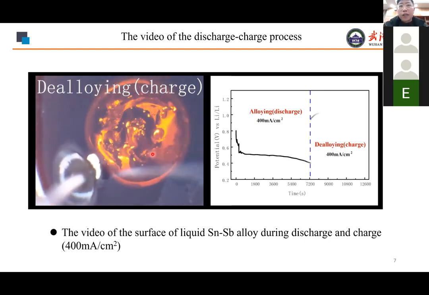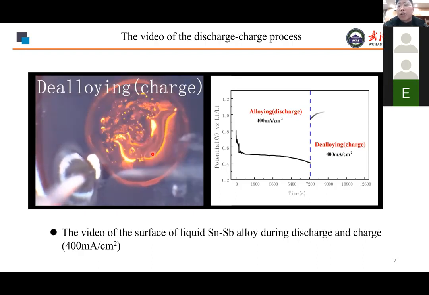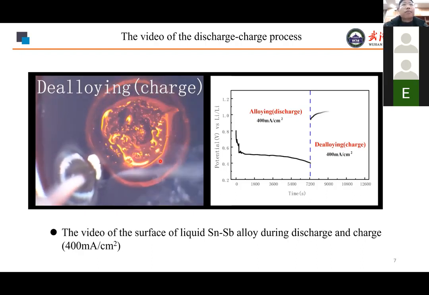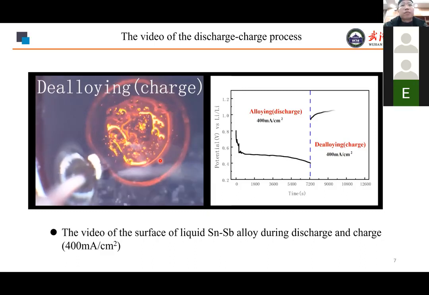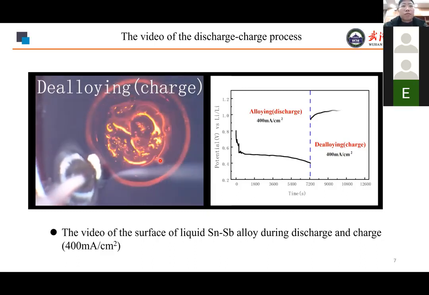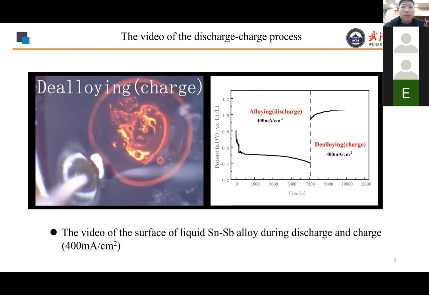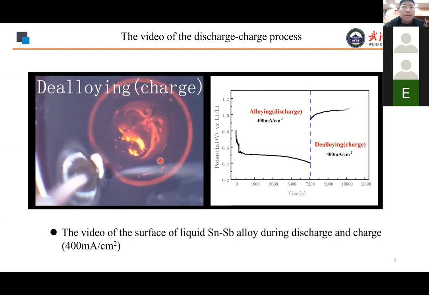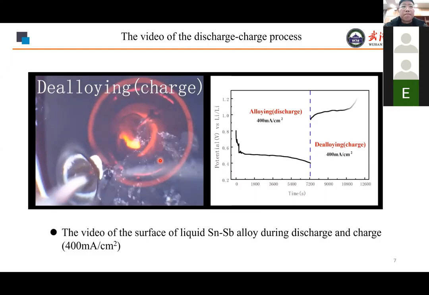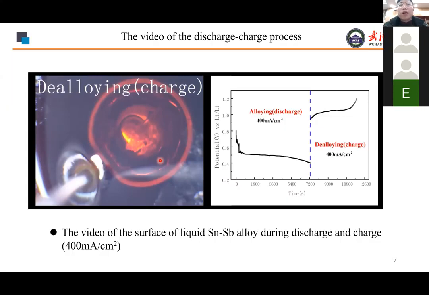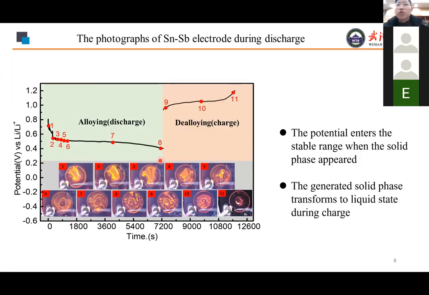In the charge process, the solid phase is converted to the liquid state. Similarly, the potential went to a stable range when the solid phase appeared, and during charge, the solid compound disappeared.